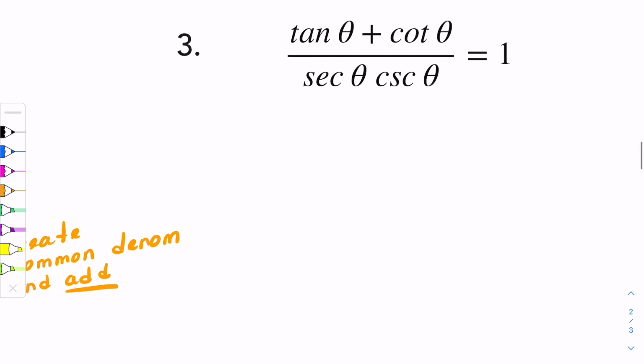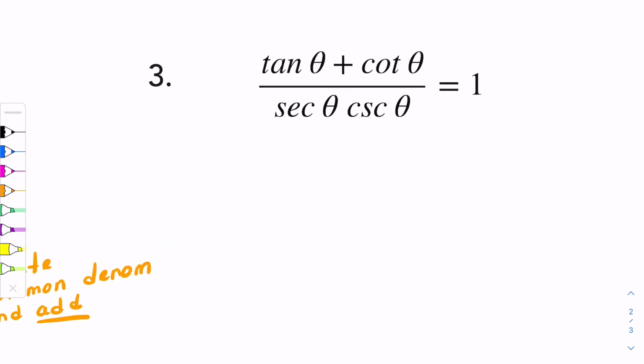Number 3, we have tangent of theta plus cotangent of theta divided by secant of theta times cosecant of theta. So I need to simplify the more complex part and prove that it equals the other side. To start with this one, I'm going to convert everything to its reciprocal identity.